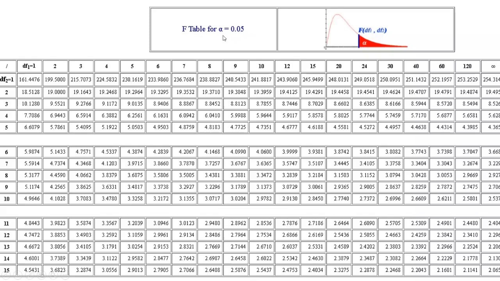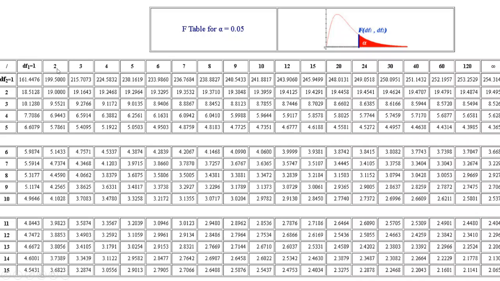Now, for the F table for alpha 0.05, what is the difference between alpha and p value? You must know by now. I have explained these earlier. Alpha is a fixed one before the calculation, and p value we get after the calculation. Now, for alpha 0.05 or this confidence interval, this is degree of freedom of 1 and degree of freedom of 2.